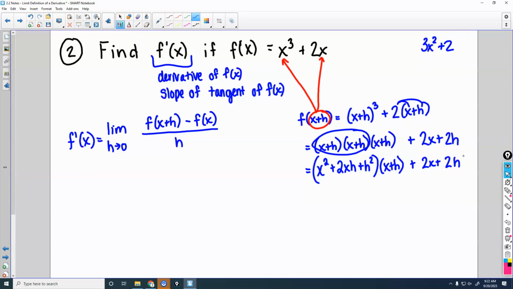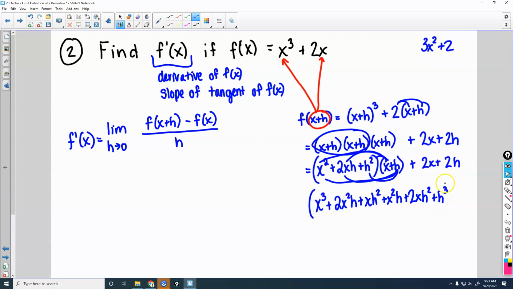Okay. So then I've got to distribute that x. Oh, good gracious. That's going to be x to the third plus 2x squared h plus xh squared. And then I've got to distribute the h, which will give me plus x squared h plus 2xh squared plus h to the third.